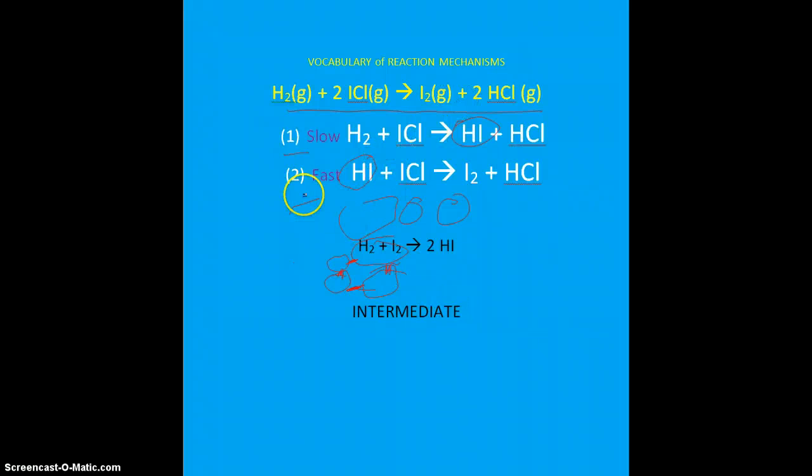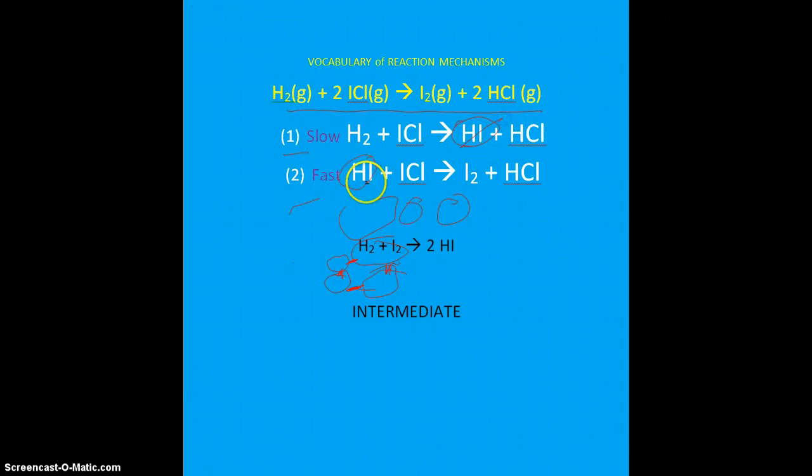Now, what we see here is stoichiometrically these two steps do give us the net reaction that we're talking about. Namely, we consume a hydrogen in the first collision, and we consume two iodine chlorides, one in each of the two collisions or fundamental steps. And the net result is producing an iodine molecule and two hydrogen chloride molecules.